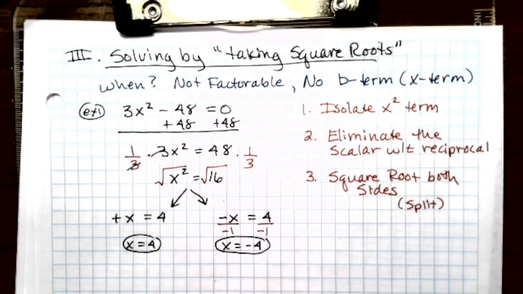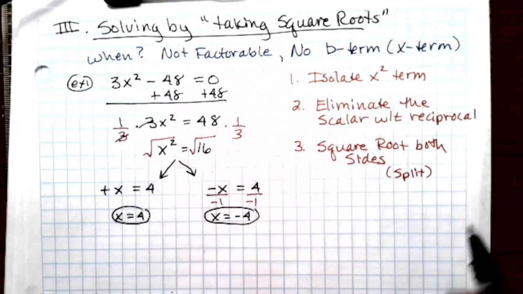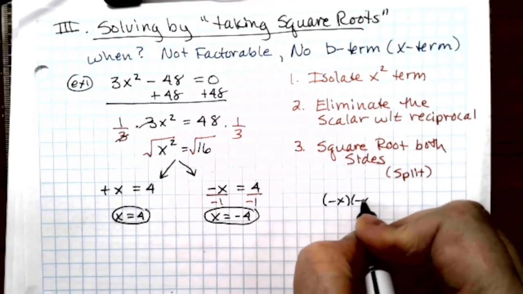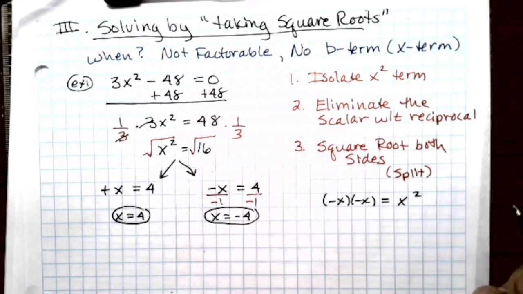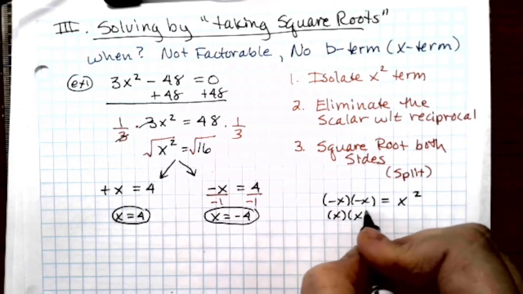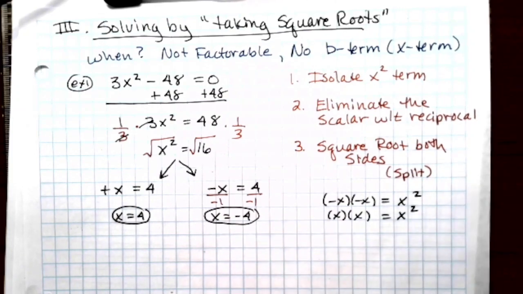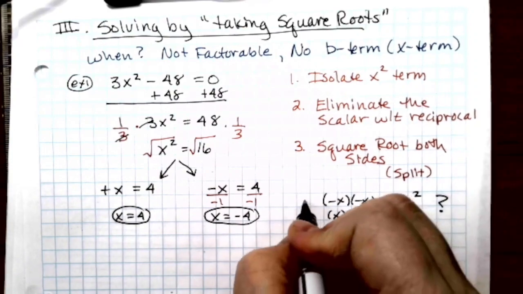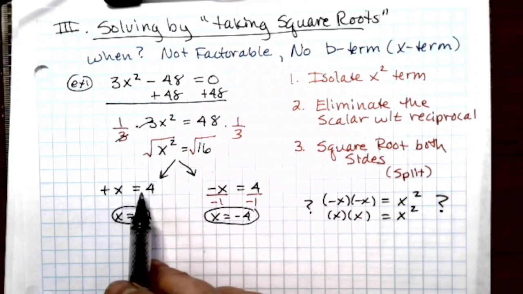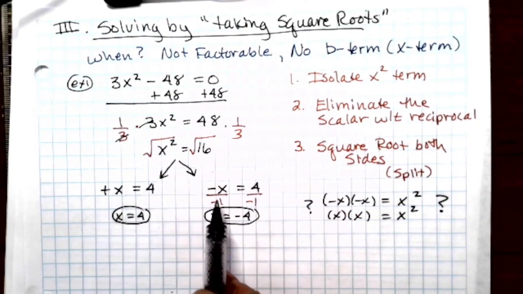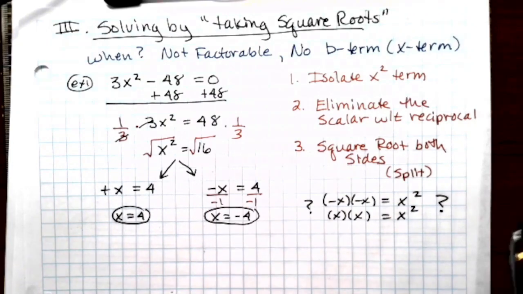Now the reason for the split is that there's 2 ways we can get an x squared. A negative x times a negative x will give you an x squared. But a positive x times a positive x will also give you an x squared. And we don't know which one it is, so we have to split it into a positive option and a negative option.